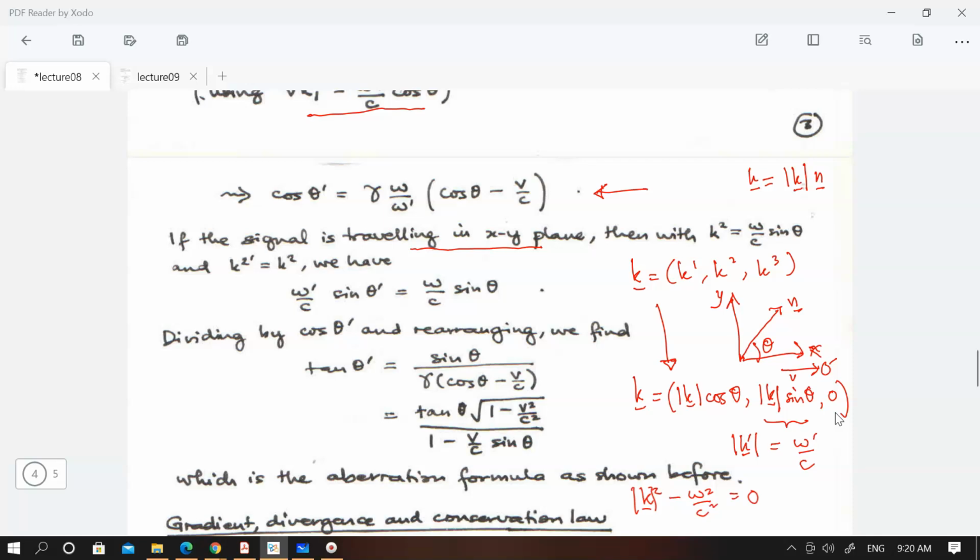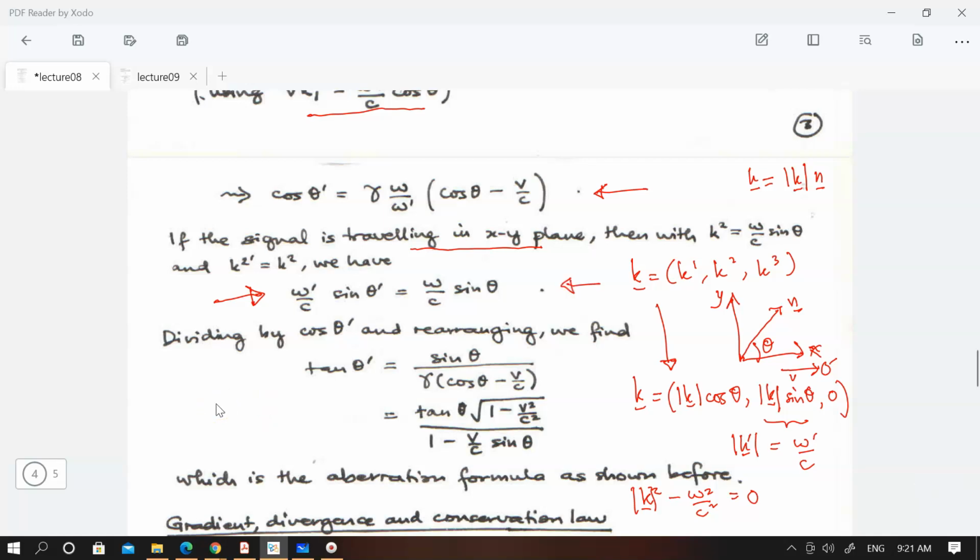So in the O frame, modulus k equals omega over c. In your O dash frame, k dash equals omega dash over c. So in other words, this component of your k2, the second component, will not change with respect to this direction of the O dash frame. So you have these two equations now.